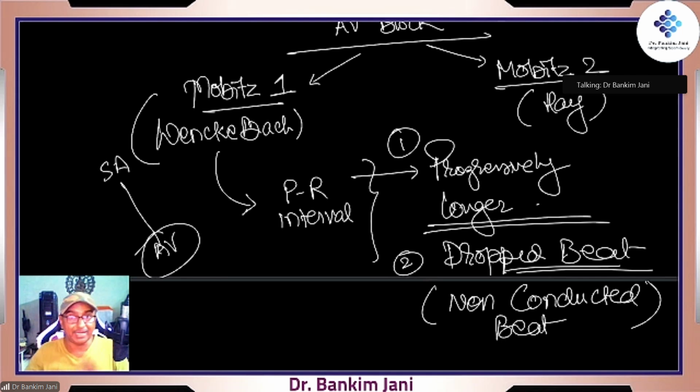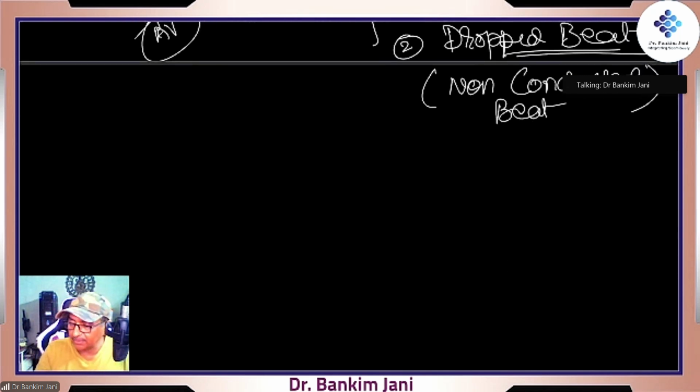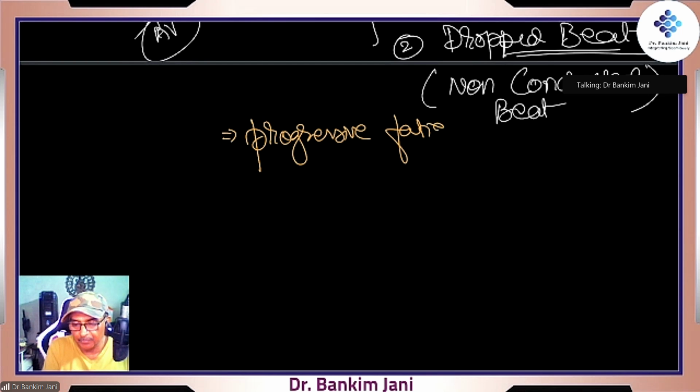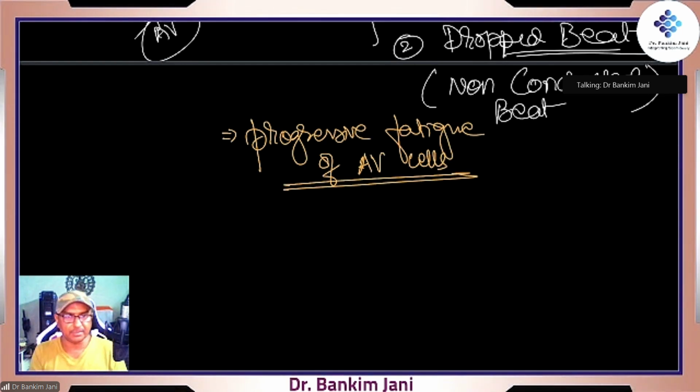So here the mechanism is like this, and this is the keyword: there is progressive fatigue. The AV node is tiring. There is progressive fatigue of AV cells. That's the reason, the classical reason behind this. Right? And in which condition can it really occur?